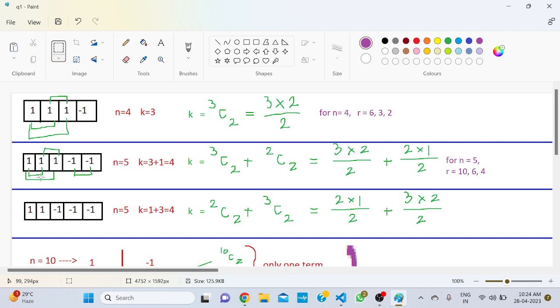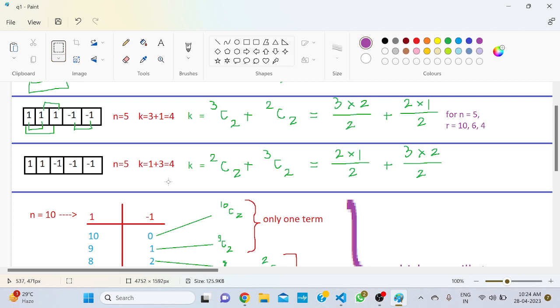That means the product of these two is 1. First element and third element, if it is 1, then also product is 1. And if second element and third element is 1, then also its product is 1. So there are total 3 pairs of these 1s. Also one case is that if we take two -1s, then also the product of those two -1s is 1. So there are total 4 pairs which are satisfying ai * aj = 1.